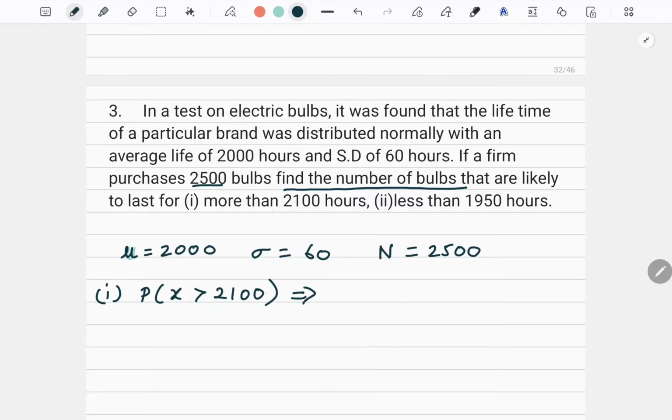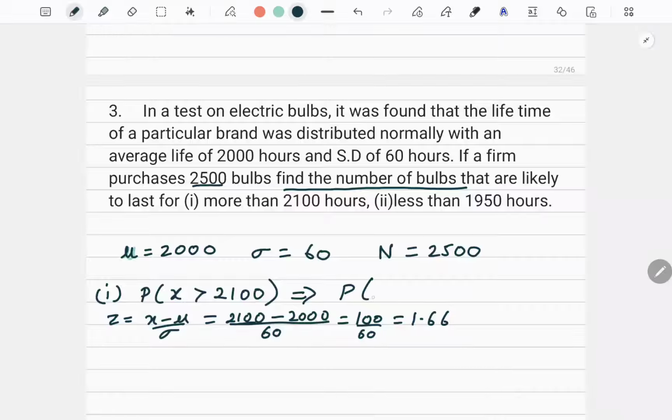Now if I convert this, now Z is equal to X minus mu upon sigma. So 2100 minus 2000 upon 60. So this becomes 100 by 60, right? So I have 100 divided by 60, which is equal to 1.66. Correct? So I have to find out probability for Z is greater than 1.66.